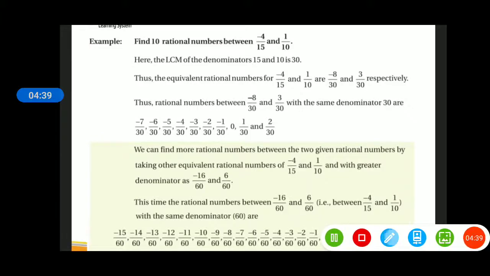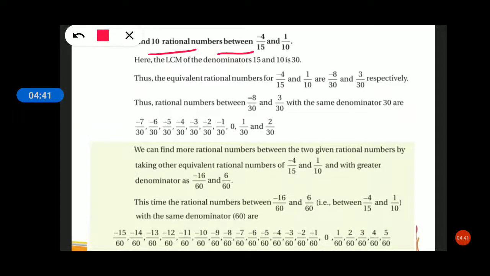See here, the next example. Find 10 rational numbers between -4/15 and 1/10. Only if the denominators are the same can you find the rational numbers. The denominator should be positive and it should be the same, but it is not the same, so you are going to take LCM. If you take LCM for 15 and 10, it is 30.